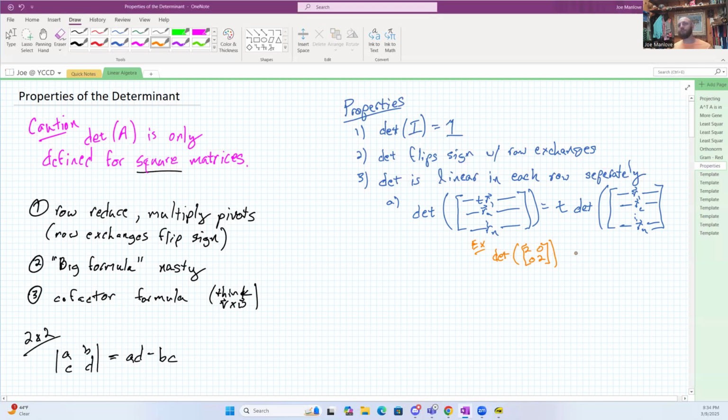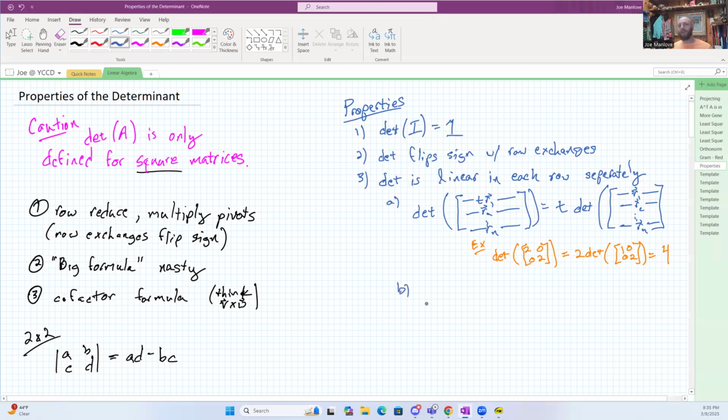So there should be two times one, I should get two. That's not how this works. You get two times the determinant of this matrix, but I took a two out of just the first row. And then I'm going to take another two out of the other row. So I'm going to get a four out of this total. So that's what I mean by it's linear in each row. You have to factor from each row separately. Cool? Hopefully. All right.